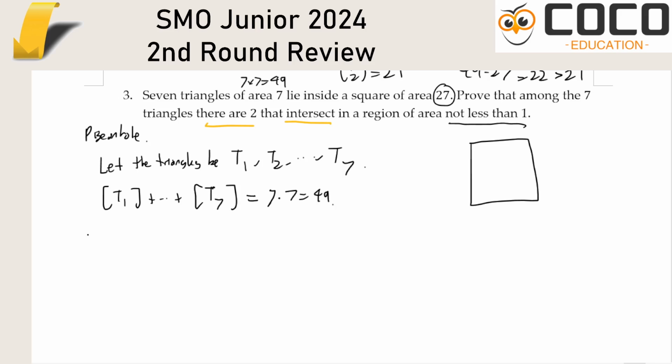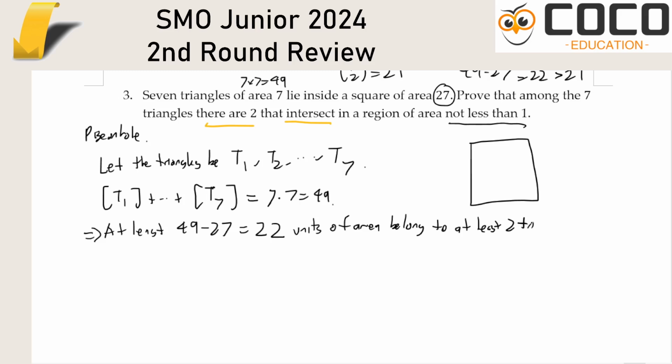And so therefore, the area that is in overlapping parts belongs to at least 2 triangles. Straightforward, right? So that means this is the excess.